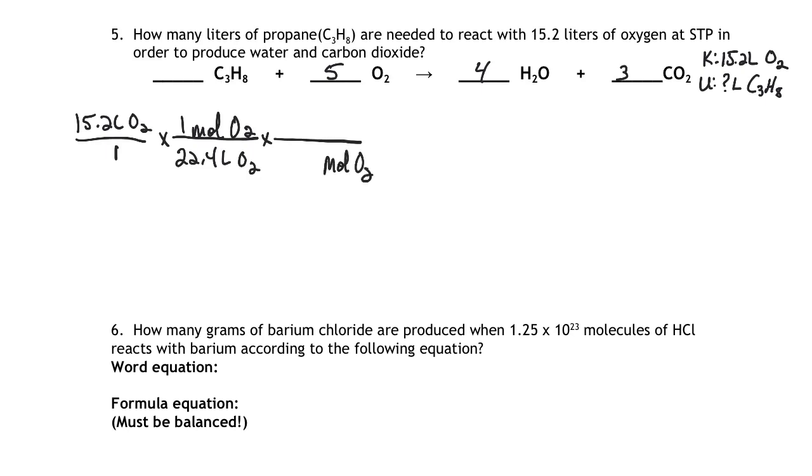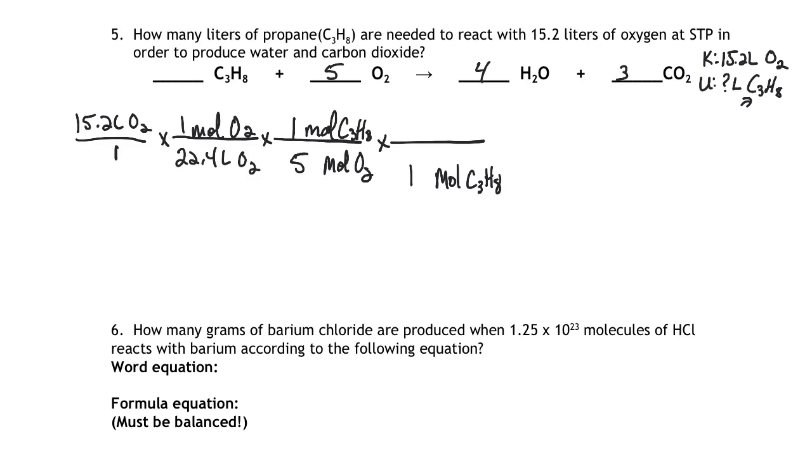Going up to my reaction, I see that there are 5 moles of oxygen in my balanced chemical reaction. 5 moles of oxygen, I need to get to the propane. So I'm going to find propane in my formula, and I have 1 mole of propane. Now I'm ready for my next conversion factor, mole of propane on the top, so I need to have mole of propane on the bottom.